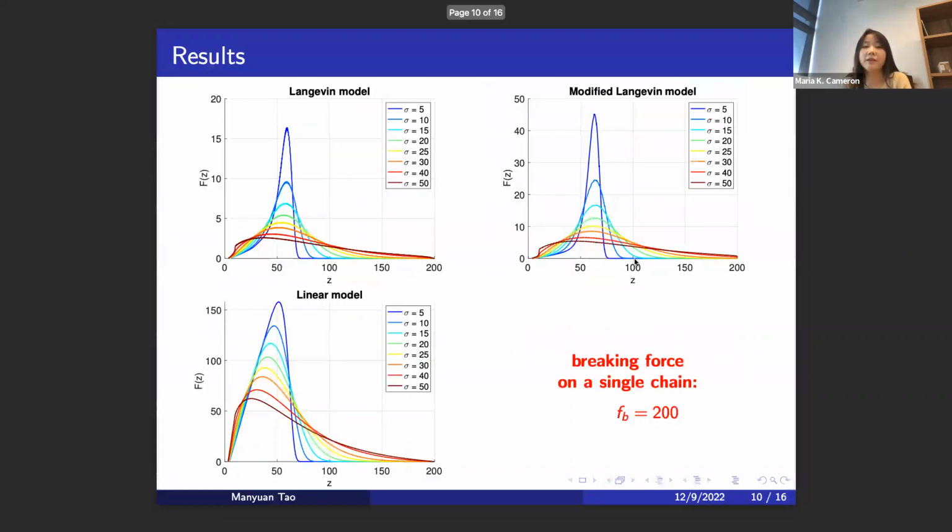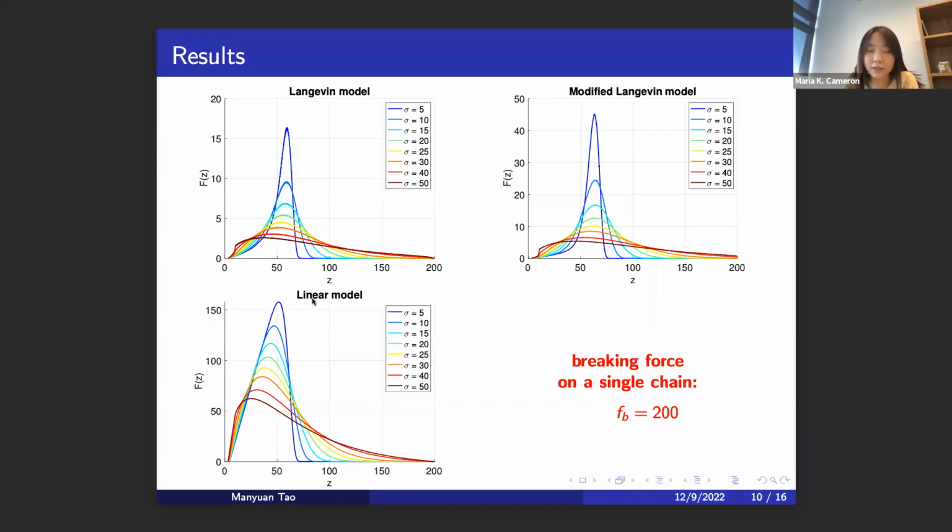We plotted the mean force for the 3 different types of model versus the distance z between the 2 plates. By comparing the maximum of the mean force to the breaking force of 200 on each single chain, we can see that a large reduction in strength is obtained for the 2 Langevin models, which have the J-shaped stress-stretch relationships.